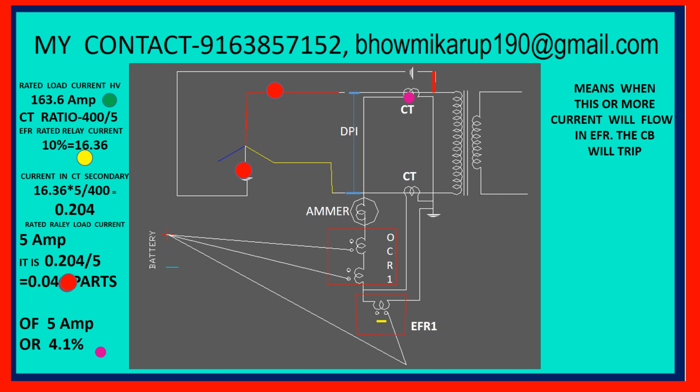The earth fault current in the relay is very little, maybe very high, but our setting is low. We have seen it at 4.1%. If there is any earth fault near this transformer, it may trip the overcurrent relay also if it is a tremendous earth fault. So the small portion, more than 4.1%, that means 0.204 ampere or more, will enter into the earth fault relay.